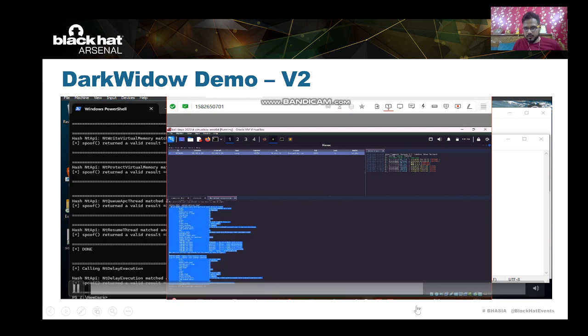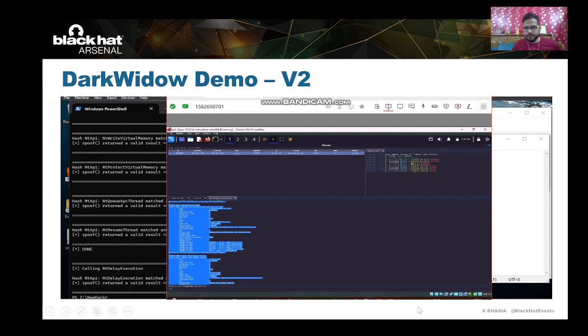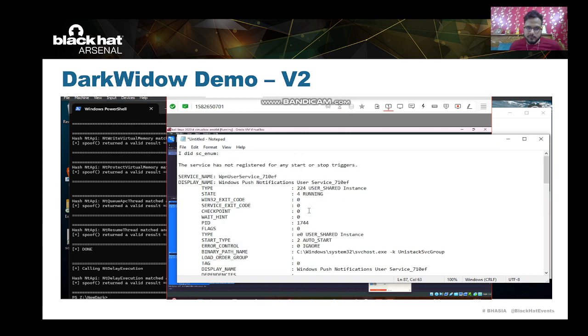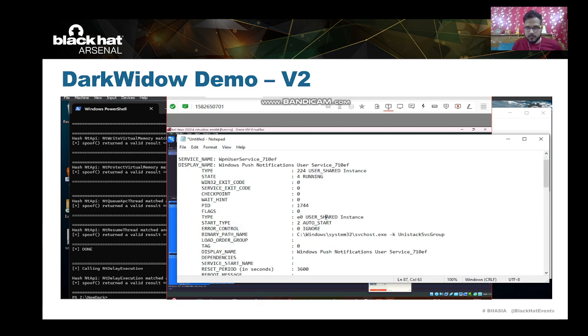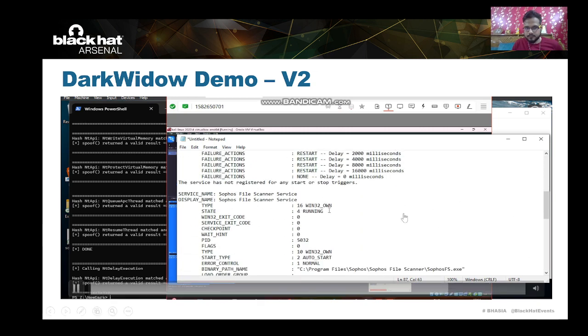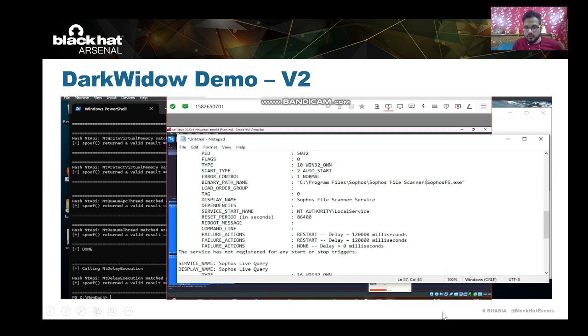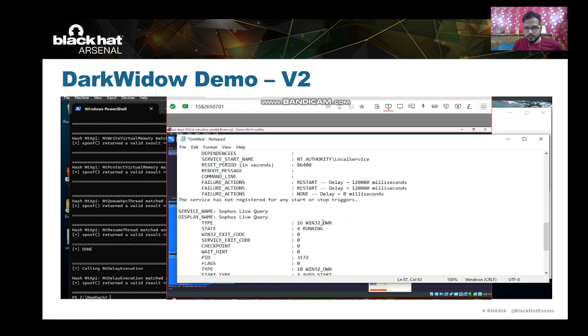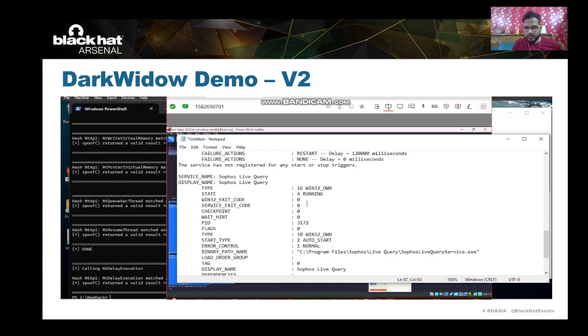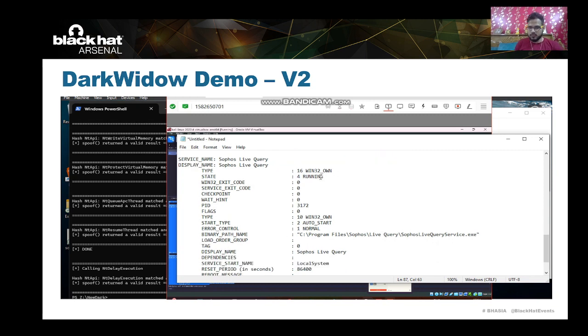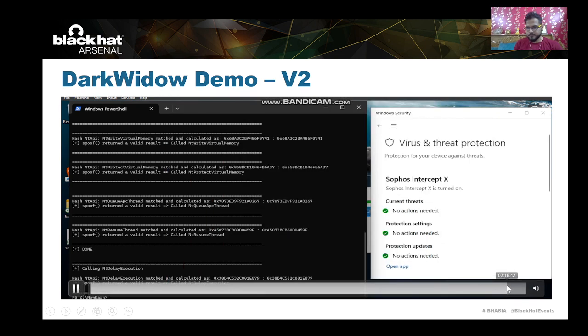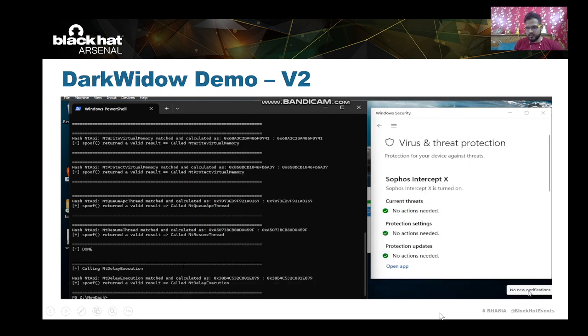I will copy this and paste it again in notepad. You can see the Sophos file scanner is running. Sophos live query service is running. Yeah. Then also it is not getting detected. No notification again. So yeah, that's the thing.